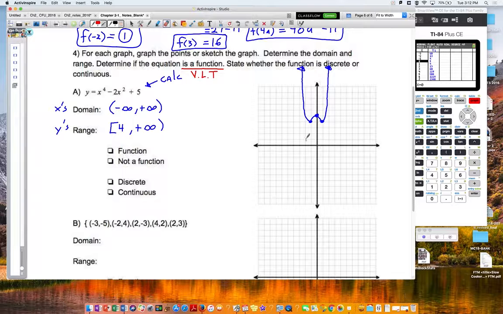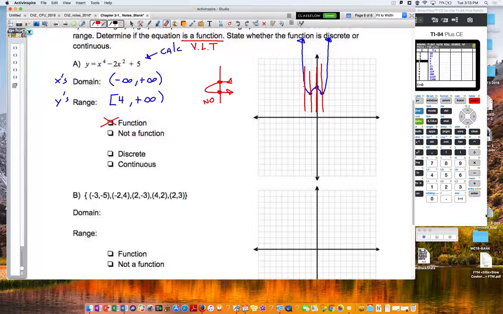No matter how I draw these vertical lines, it's only hitting it at one point, one point, one point, one point. So since it's only one point, this one is a function. Again, when it's not a function, is when you get a graph that's kind of sideways, and you intersect and get 2 points like that. That would be not a function.